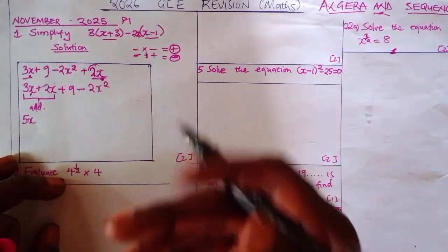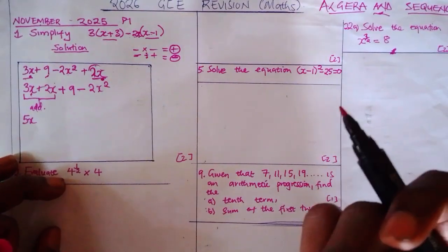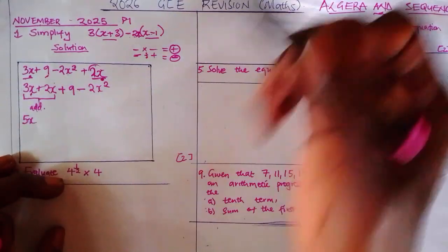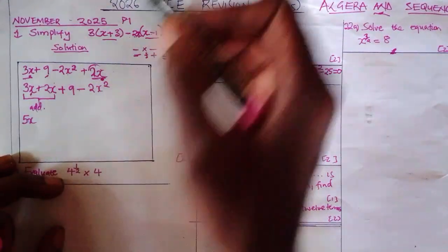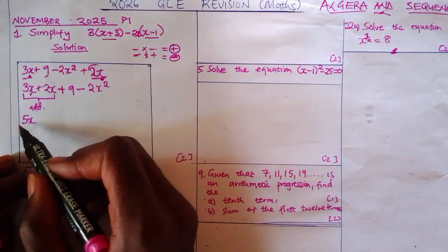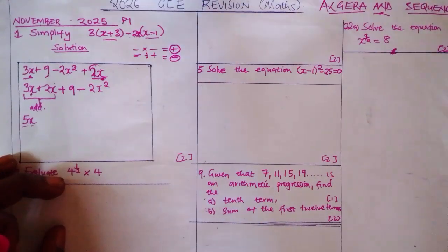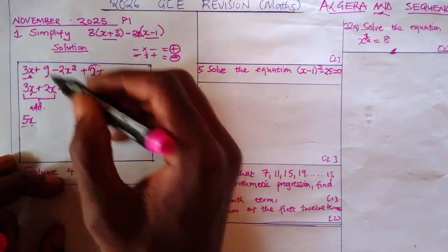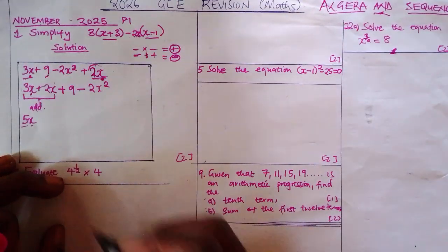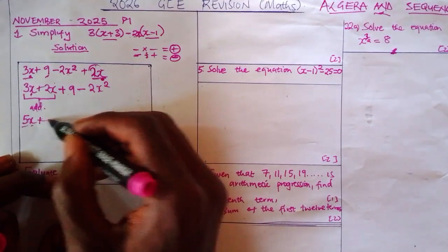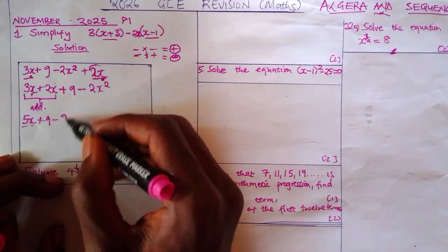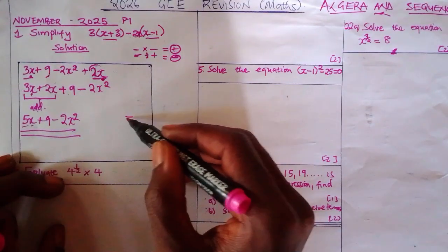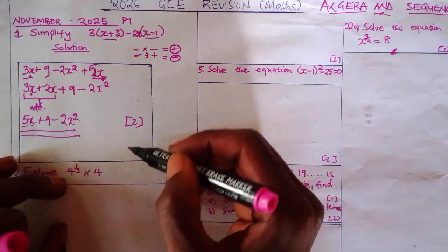Think of it as you having apples. You have 3 apples, then someone gives you 2 apples. Of course, you have 5 apples, if x was representing apples. So don't get confused. Then you say plus 9 minus 2x squared, meaning you have gotten your first 2 marks.